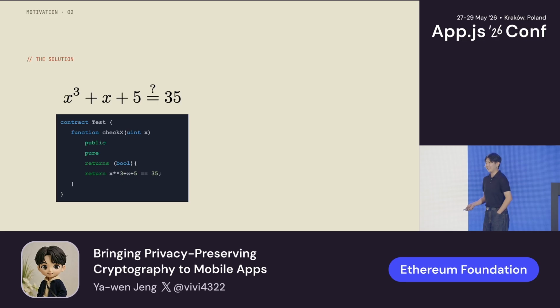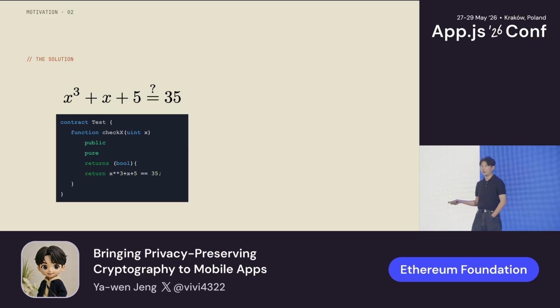Now I want to talk about the solution. Here's the code for a smart contract, which runs on Ethereum. If you want to prove that you know the X to this equation, you provide this X to the smart contract, and it checks that the equation matches.